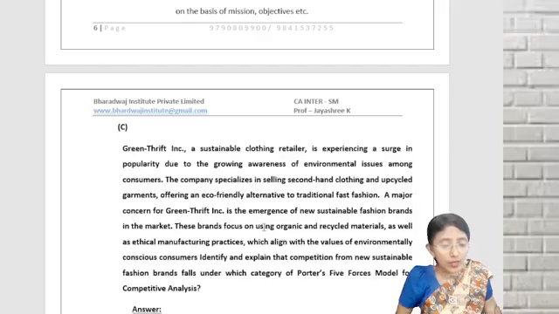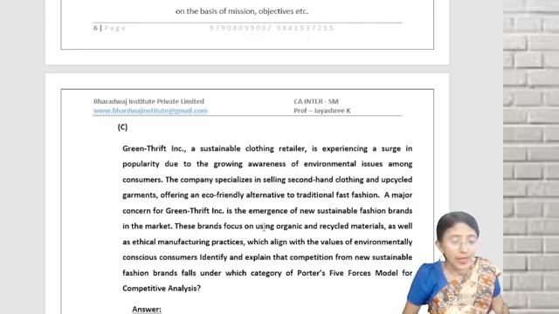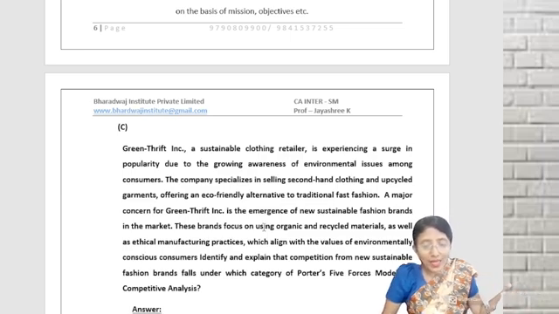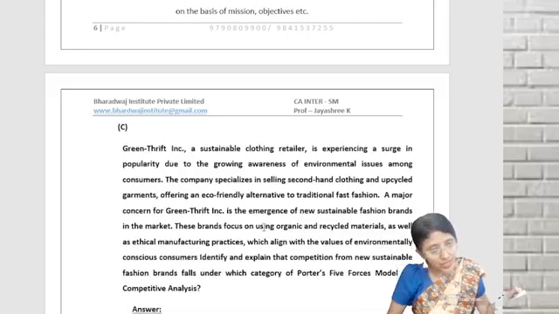A major concern for Green Thrift is the emergence of new sustainable fashion brands in the market. These brands focus on using organic and recycled materials as well as ethical manufacturing practices, which align with the values of environmentally conscious consumers.